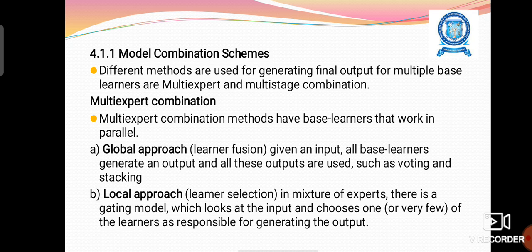The local approach is otherwise called learner selection. In the global approach, given an input, all base learners generate an output and all these outputs are used, such as in voting and stacking. In the local approach, in mixture of experts, there is a gating model which looks at the input and chooses one of the learners as responsible for generating the output.